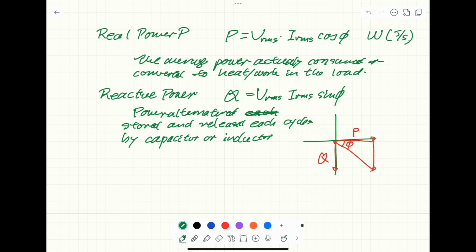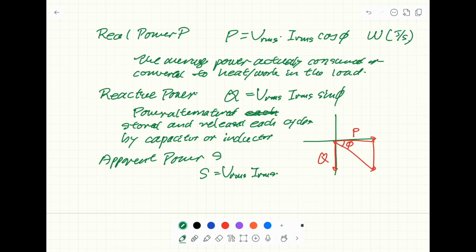Last is the apparent power S. The apparent power S is defined mathematically as the root mean square value of the voltage times the root mean square value of the current.